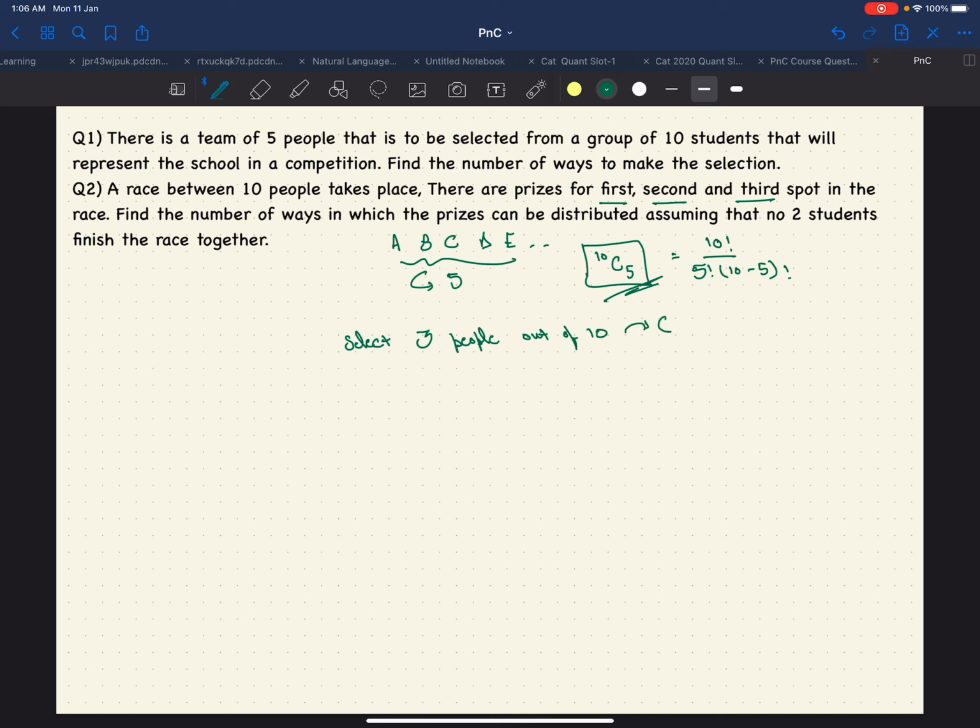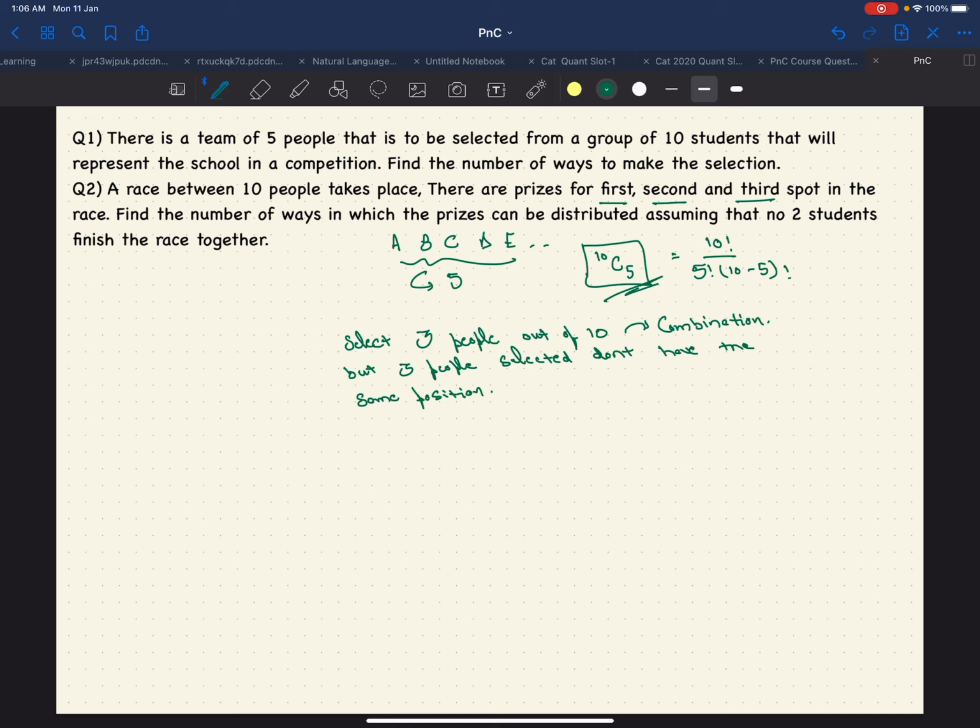So this is a combination, but the 3 people selected here don't have the same position.